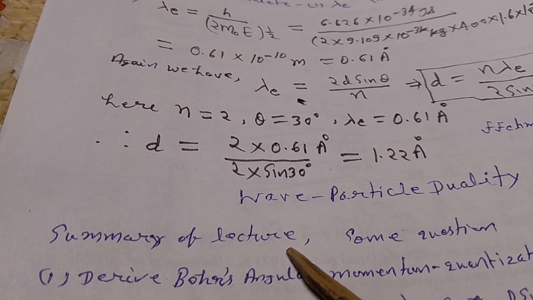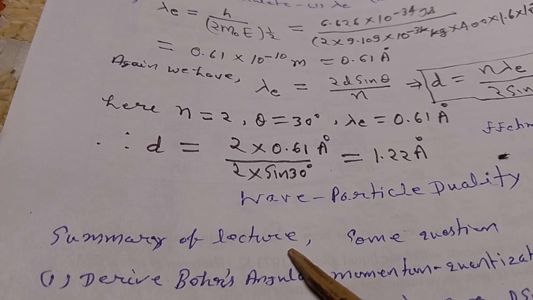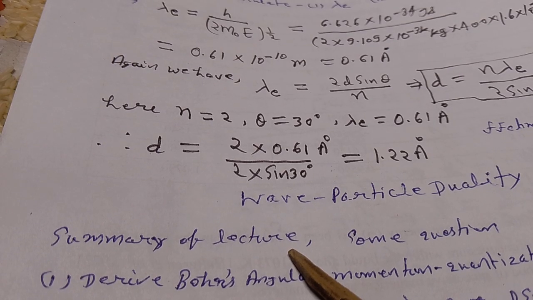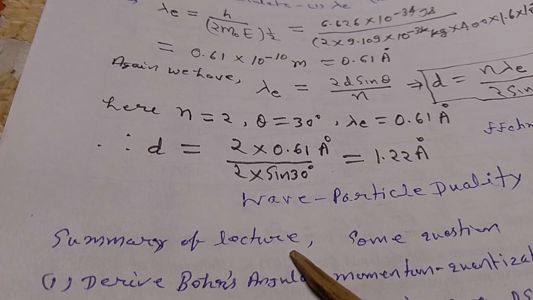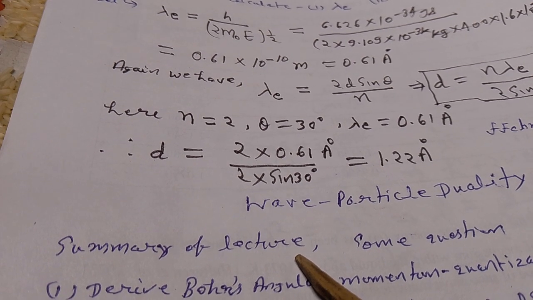Just as the electromagnetic fields exhibit both wave-like and particle-like properties, de Broglie proposed that matter too shows these properties, giving rise to wave particle duality. The de Broglie wavelength of a particle of momentum p is given by lambda equals h by p. And for a free particle of mass m and energy E, lambda equals h by root 2mE. So these are the main points of the above lecture.